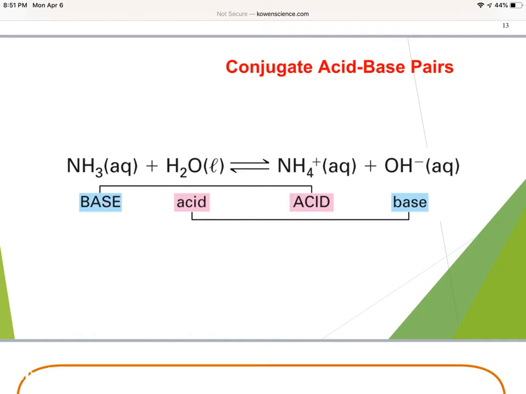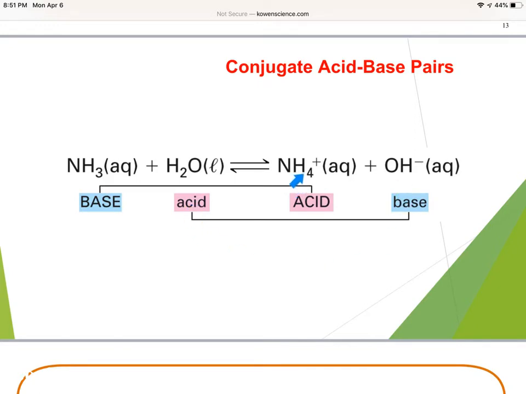Now, when we look at conjugate acid and bases, this right here is a conjugate acid, and then notice that when we get over here, it has lost a hydrogen, so this is the conjugate base associated with the acid.